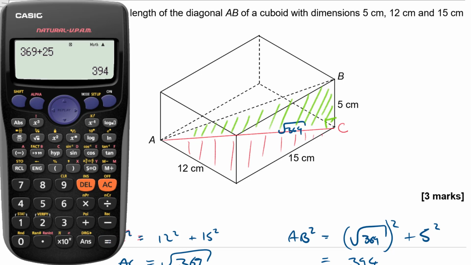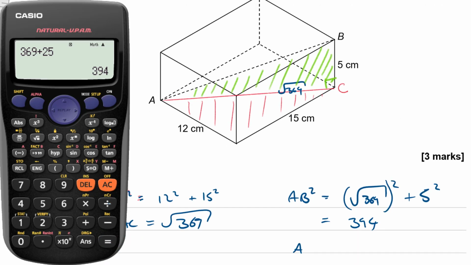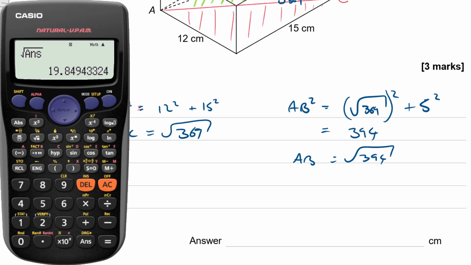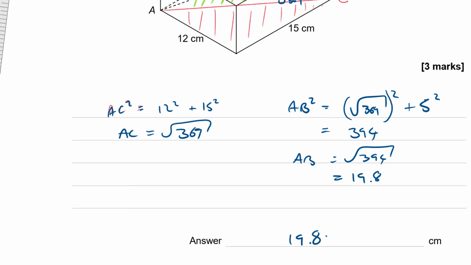Okay, so then AB is going to be the root of 394, which is 19.8 to 3 significant figures.